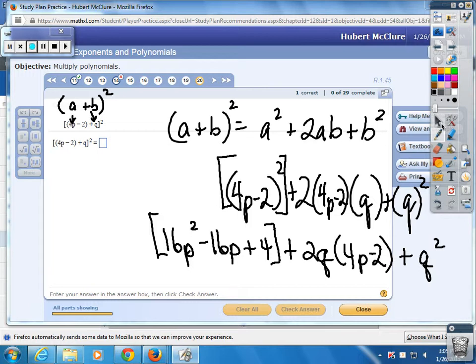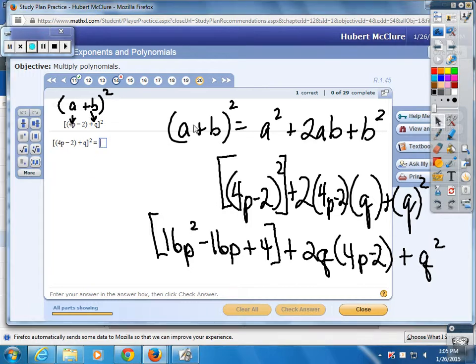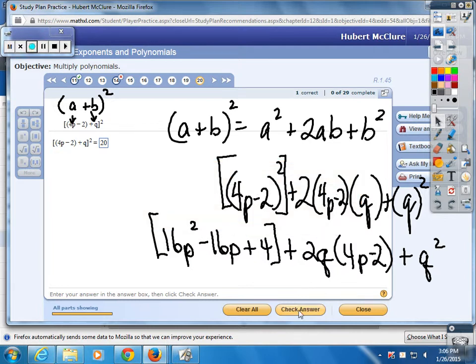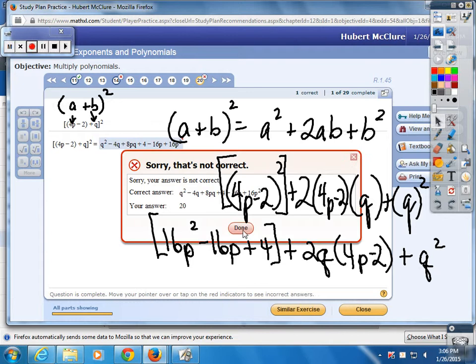I don't know what they want, if they want it all written as 1 and in parentheses or whatever. See what they got.